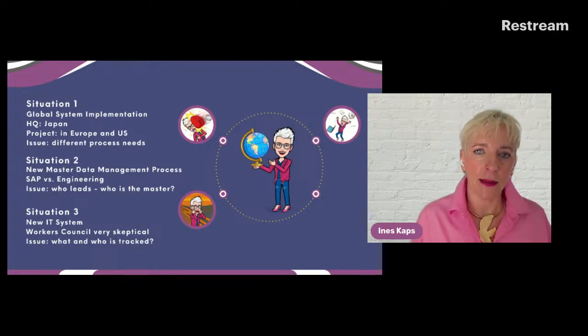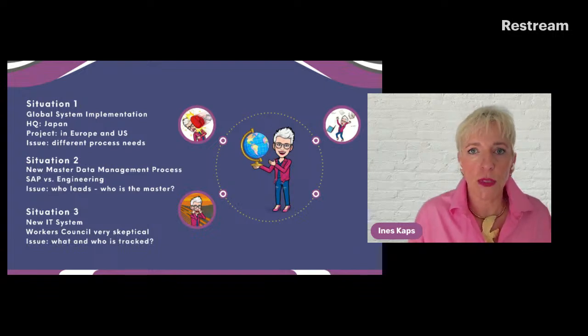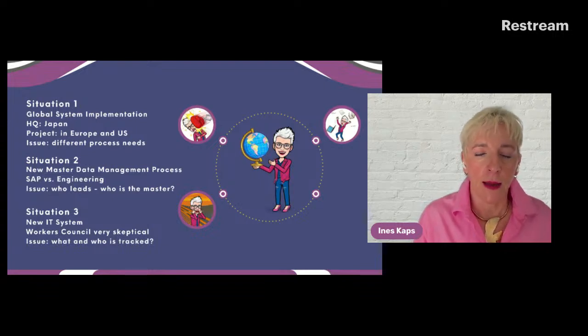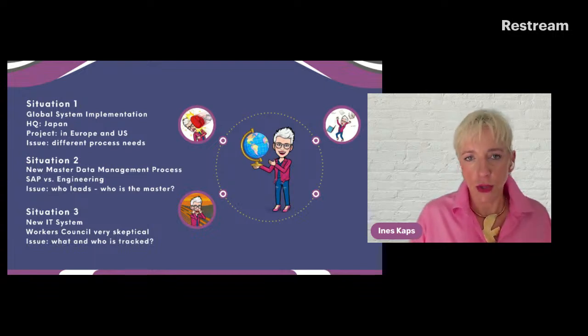And understanding the questions, maybe resistance is not the correct word, but it was the fear of being tracked, of also again losing the ownership of some of the data. This was also a very critical situation, because in Germany there are a lot of decisions, and also IT decisions, where the Workers' Council has to approve. And if they don't approve, you will not implement the IT system.